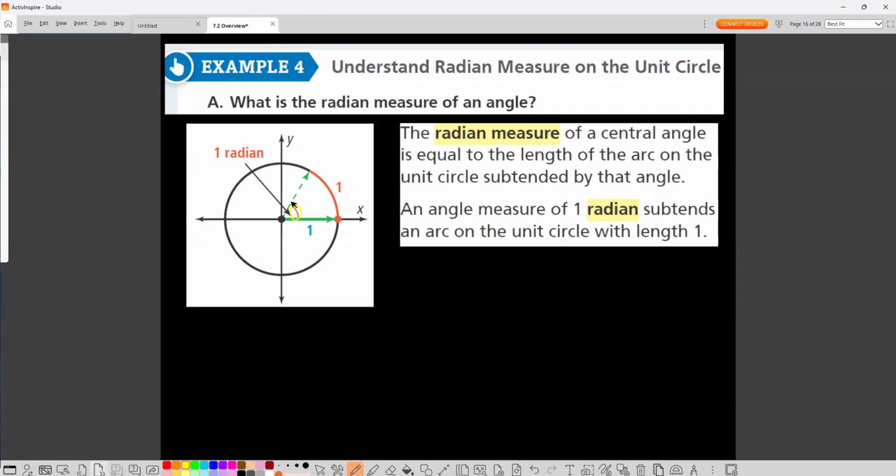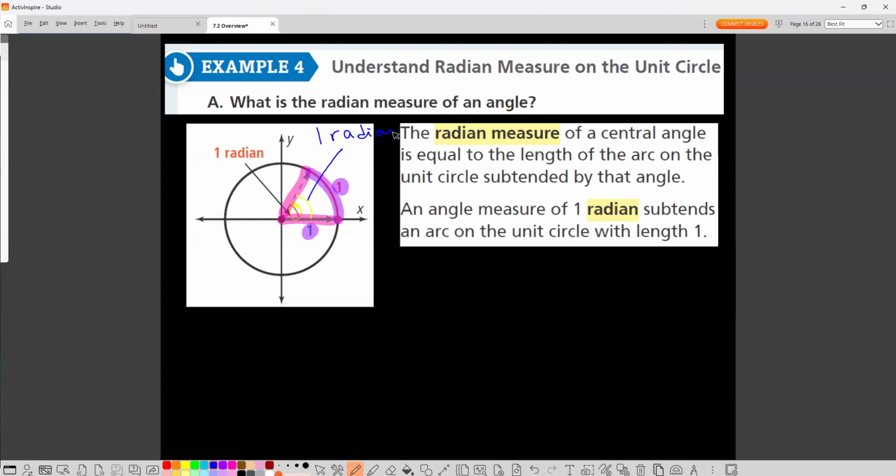So if you took this radius right here, or this one, and you stretch that out on the circle right here, since this is 1 unit, this is 1 unit, and the angle formed at this point is going to be a radian, 1 radian. So 1 angle formed by a radius on the circle is a radian.